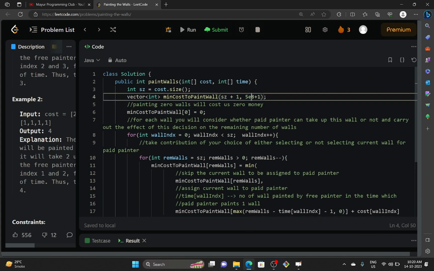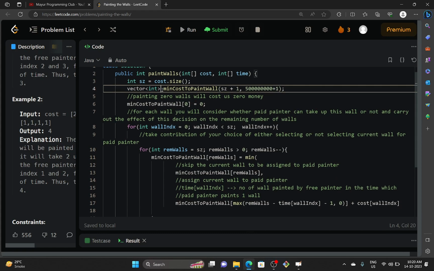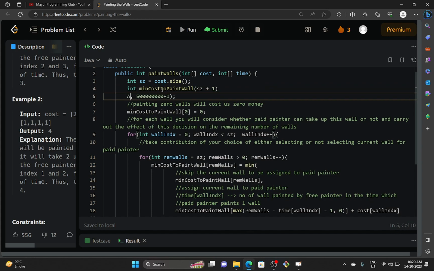Okay, instead of this E, it will be 500000000, which is 5 into 10 raised to power 8, and instead of vector it will be an integer array. Rest all things will be fine. And it will be Arrays.fill.